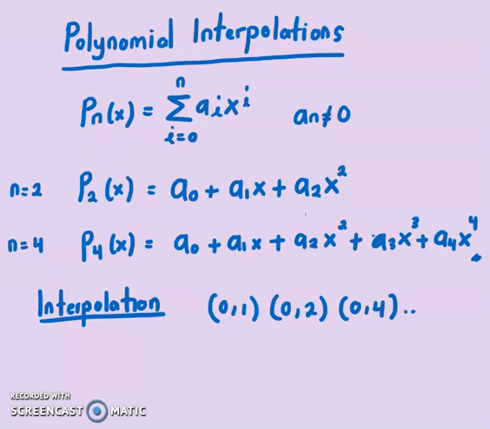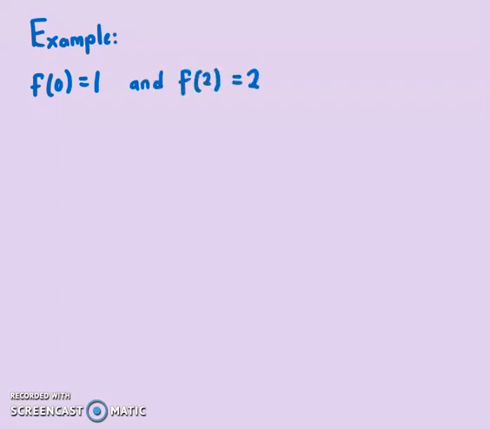Let me give you one simple example. Let's say I have f(0) equals 1 and f(2) equals 2. Now how can we use this information to approximate f(x) for a value of x in the interval?